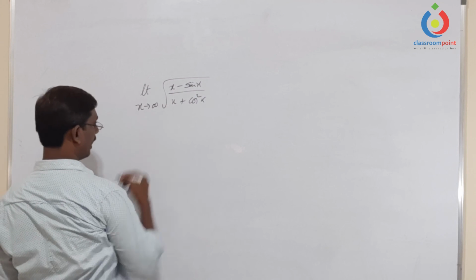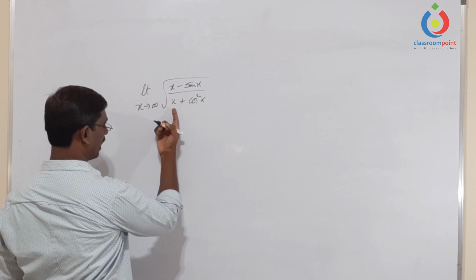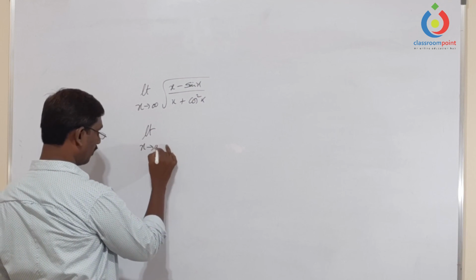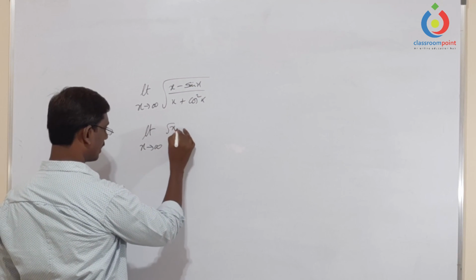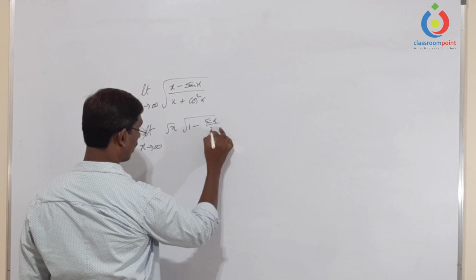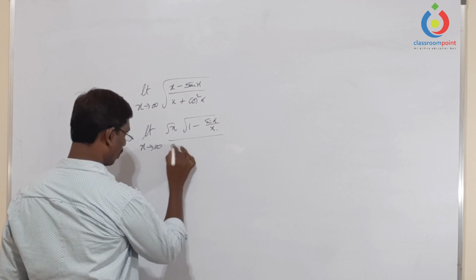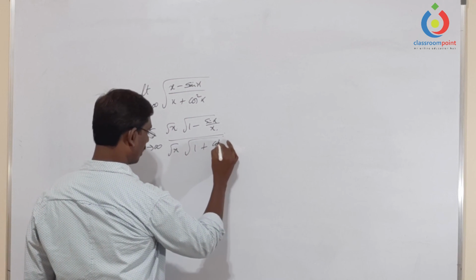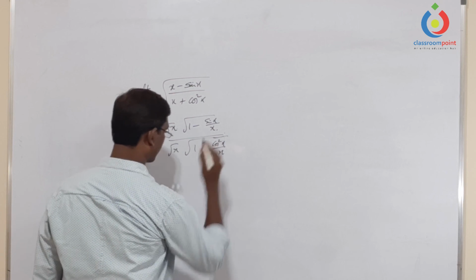See, I'll take x from here and here outside. Limit x tends to infinity, root x into root of 1 minus sin x by x, divided by root x into root of 1 plus cos square x by x.